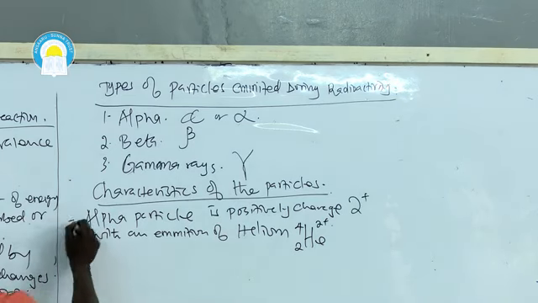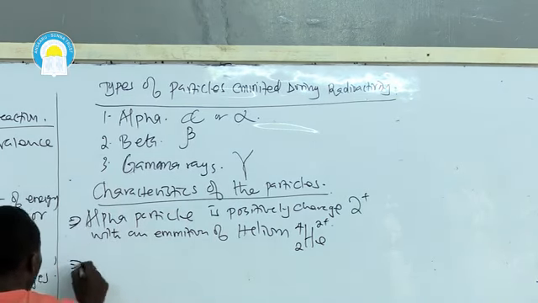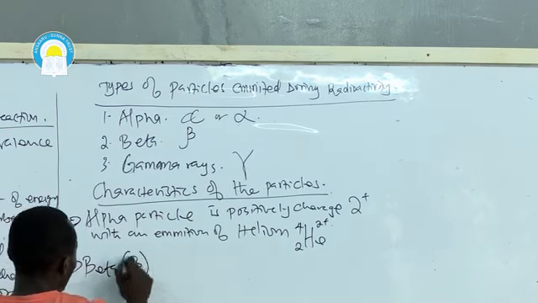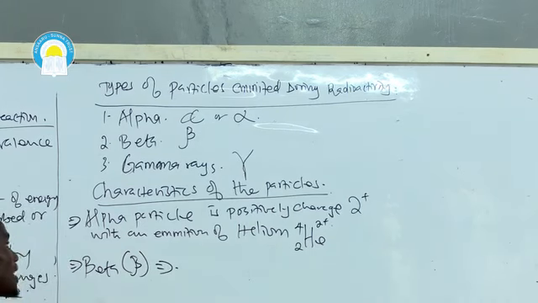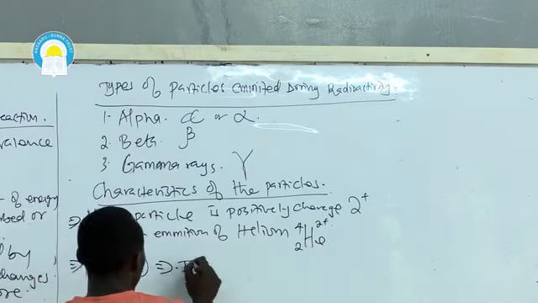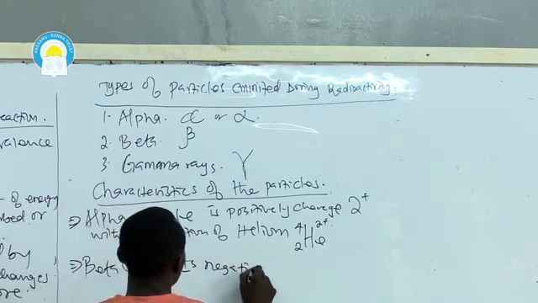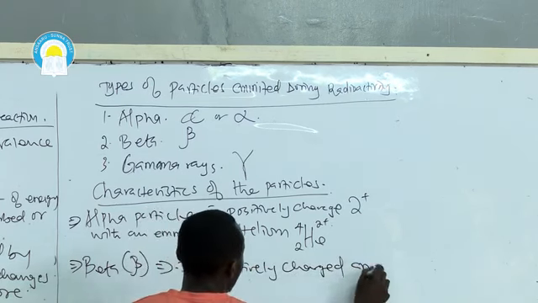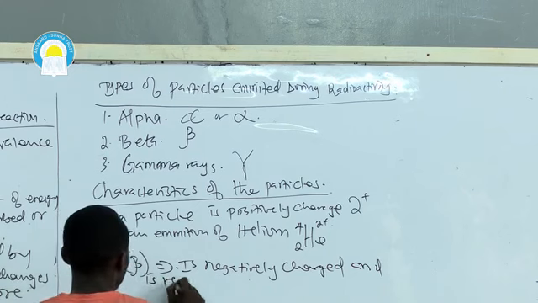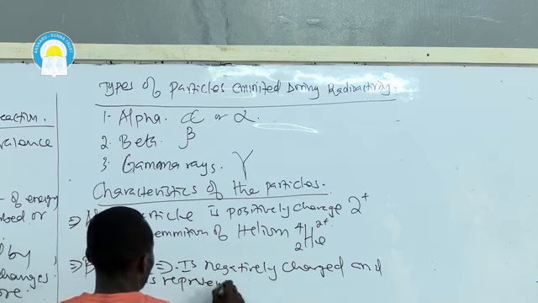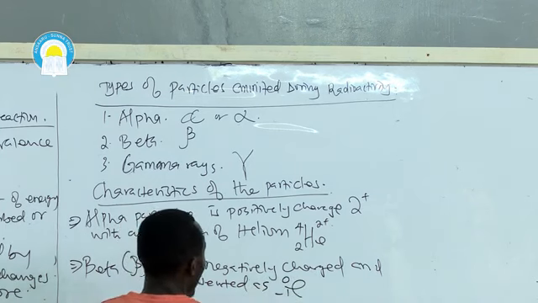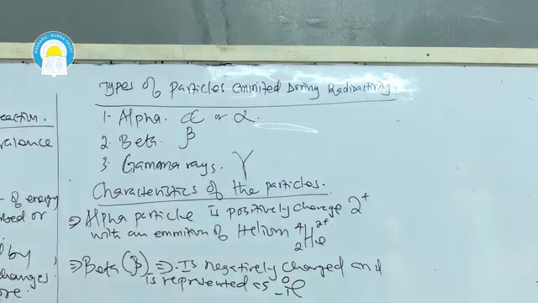Then we have the beta particle. Beta particles are negatively charged, and are represented as an electron of 0 and -1. That's the representation of a beta particle.